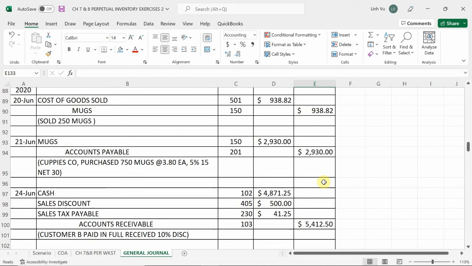What does 2,930 include? Your taxes. There's no taxes here, because I'm making a purchase. I'm buying my items. Would it be the freight? The freight. Well, how much was the freight?